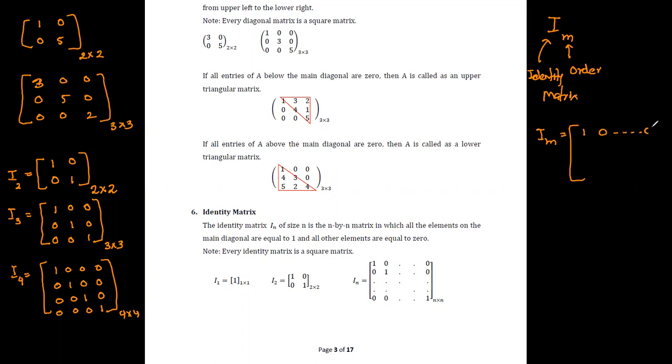Likewise, we can go up to m number of columns, and the others are zeros. Likewise, there are m number of rows as well, and here we will have 1. It is because the main diagonals are only ones and the others are zeros. This is an m by m matrix.